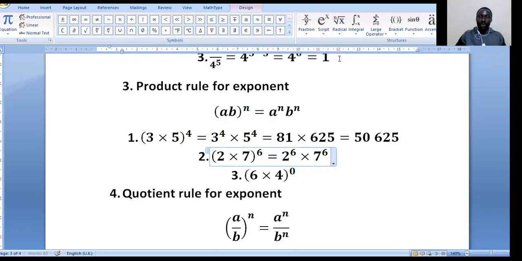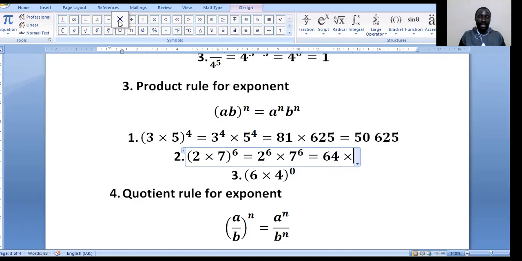So in the next step, we find the value that each of them will be giving. So that means we are going to find the value of 2 exponent 6, giving us 64. Now this 64 will be used to multiply what we get when we raise 7 to 6, that is 7 exponent 6.